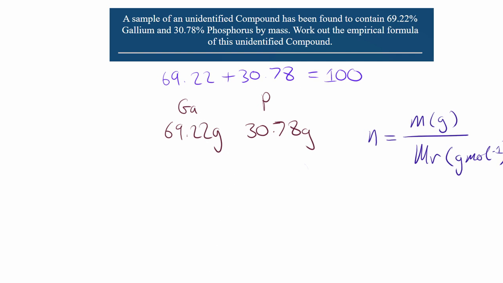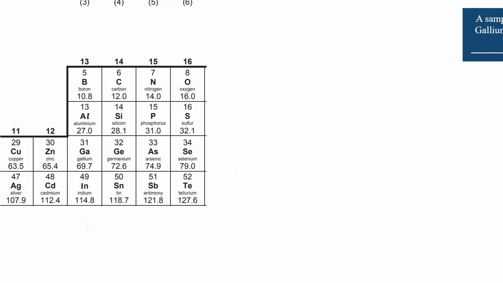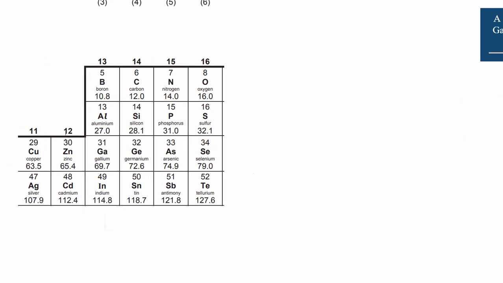So if we go over to the periodic table, gallium is here and phosphorus is here. And what does this tell us?